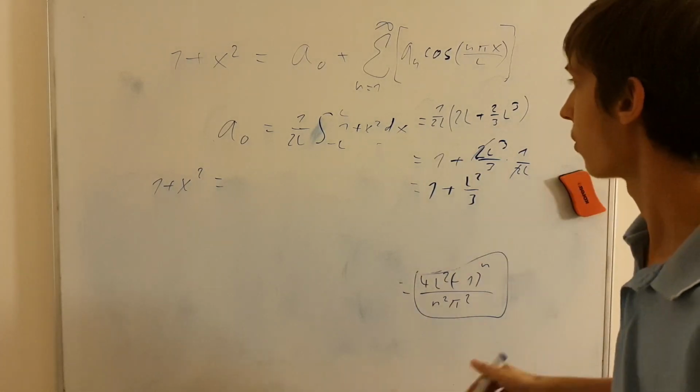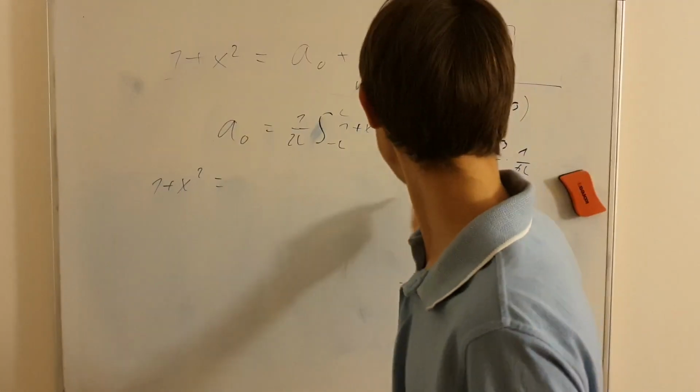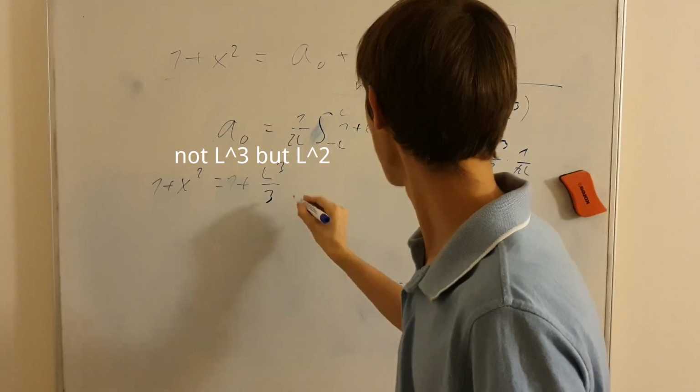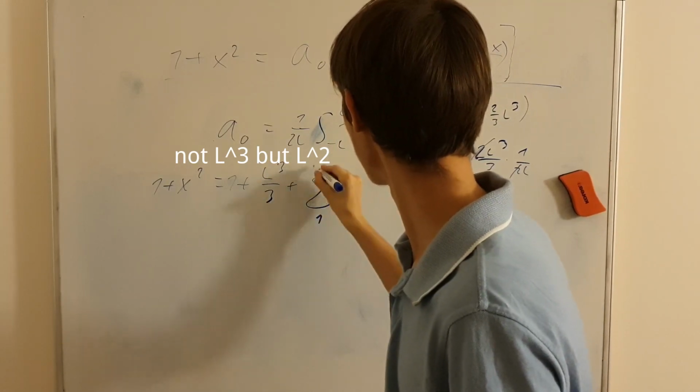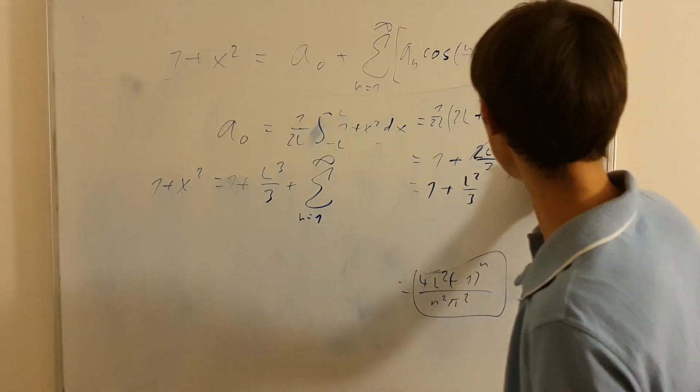Alright, so basically my Fourier series expansion should be as follows. It's A0, that is this, I just calculated, 1 plus L to the second over 3, plus this sum from 1 to infinity of n right here. And what is that?